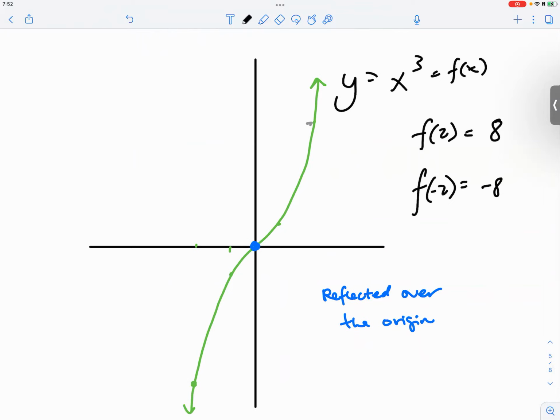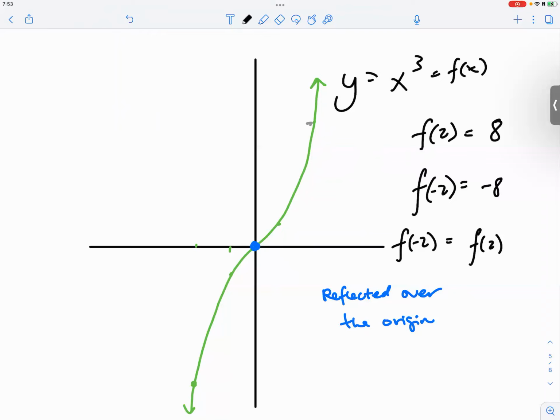So what do we say? Now, I'm going to walk this a little bit slower. So we say f of negative 2 is equal to. Now, first, can you see how this is not true? Can everyone see that this is not true? Okay, because this is negative 8, this is 8, this is not a true statement.